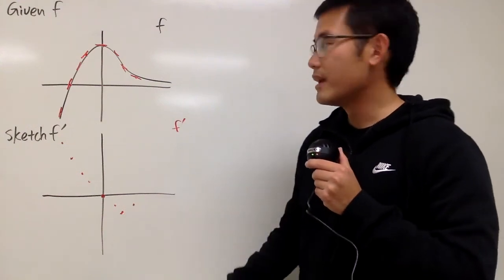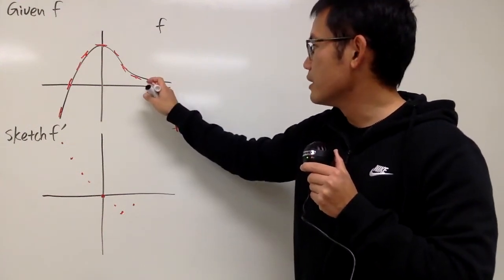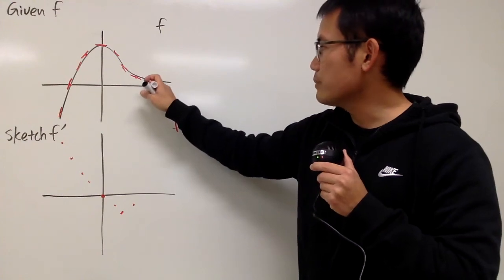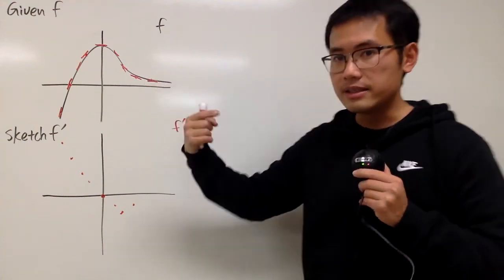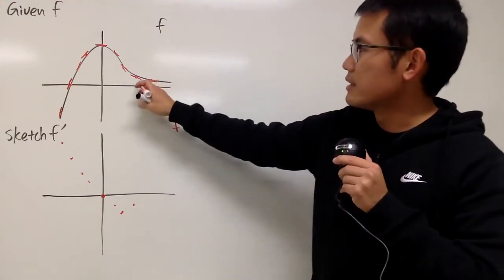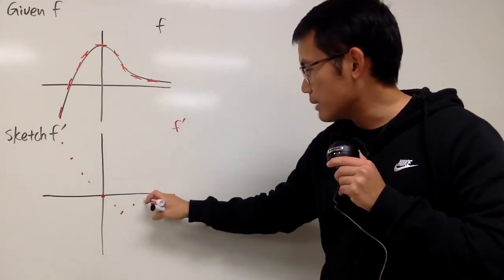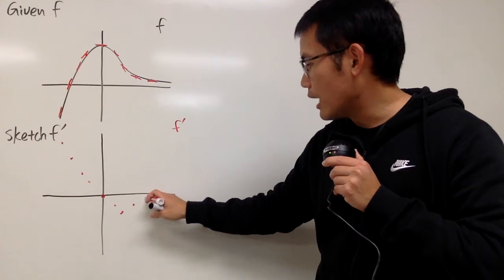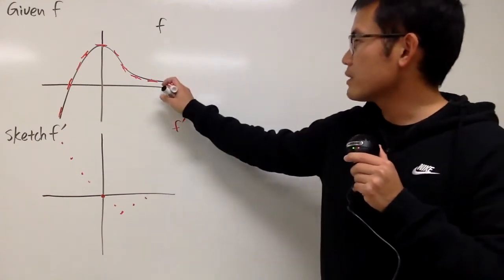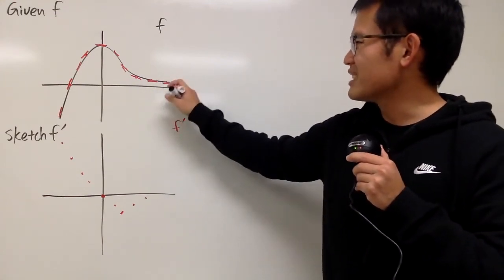And likewise, if you're just moving to this point, for example, again, it's negative, but this is flatter than that. So when you go down, it has to go below the x-axis, but it has to have a higher y value like this. And in fact, once you are right here, the slope is almost like 0.